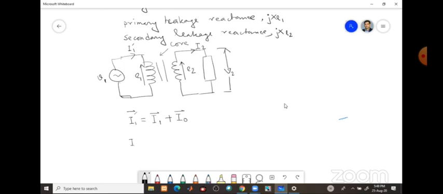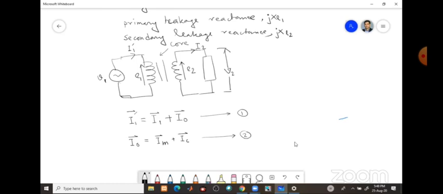Again, we can write this I0, the no load current, as equal to the magnetizing current IM plus IC. These two current equations we have already established in our previous classes.